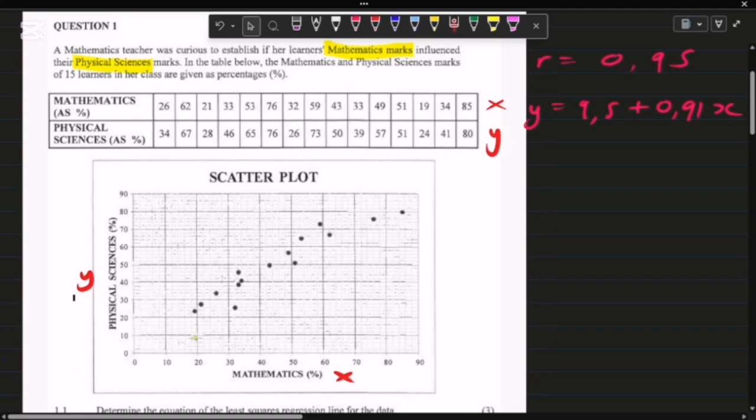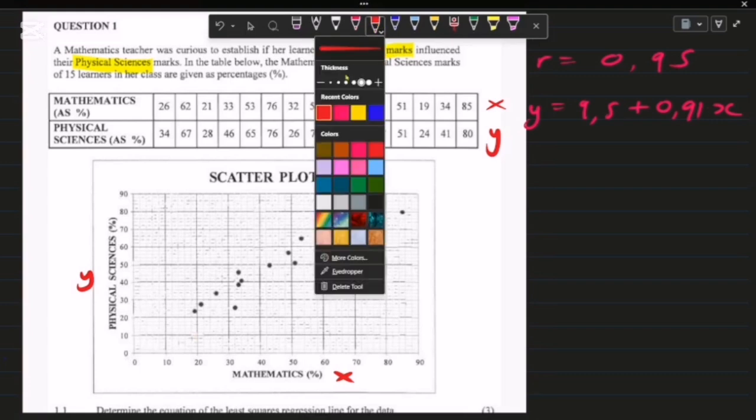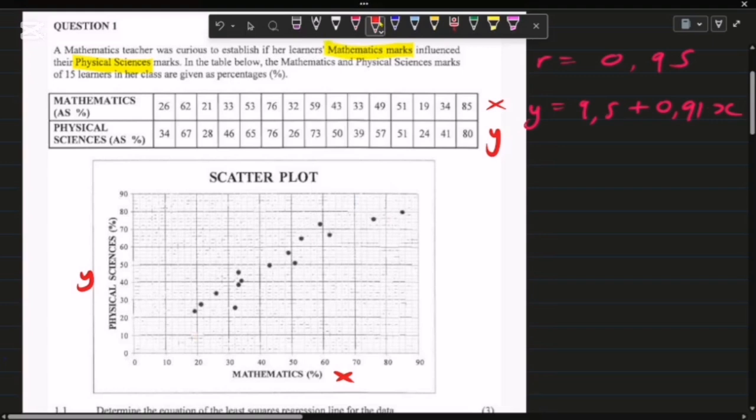Now we call that the line of best fit. Let's get it done. So the idea is to draw a straight line through this data set such that it touches as many points as possible. Let me try and demonstrate that.